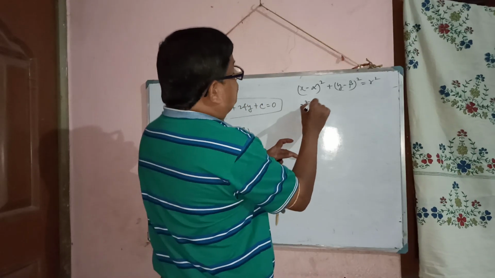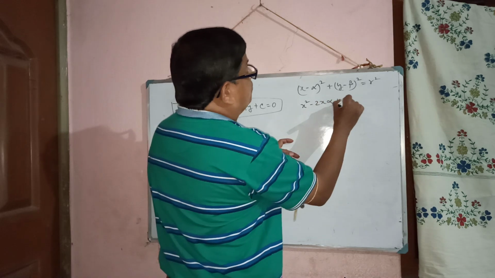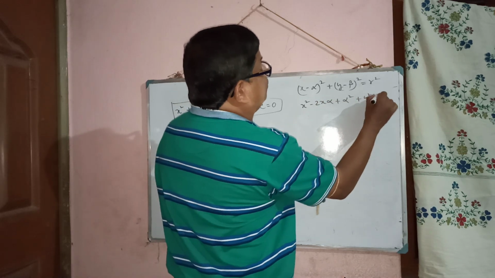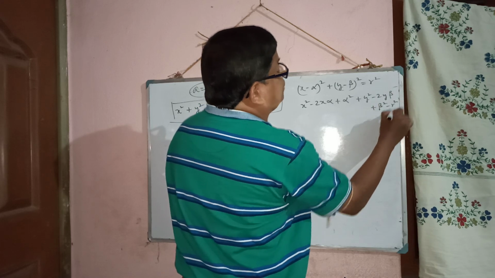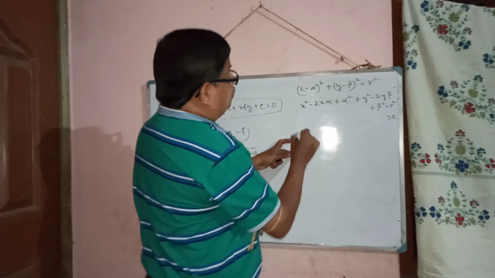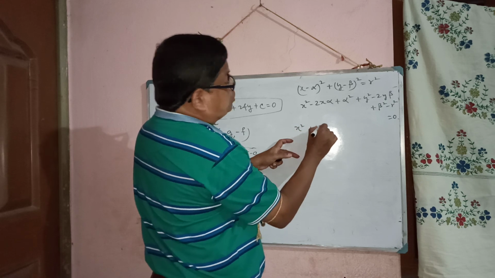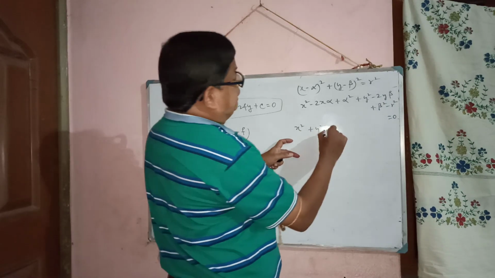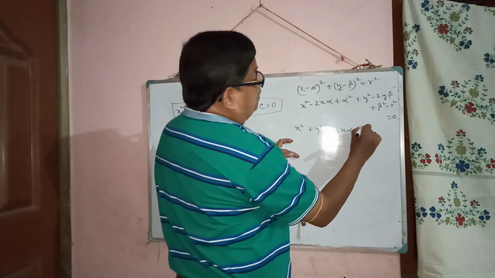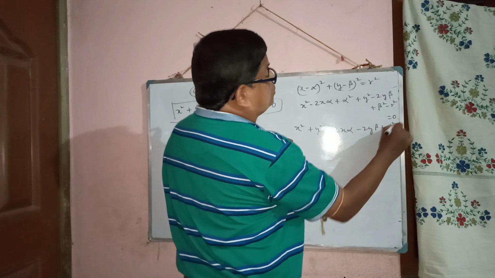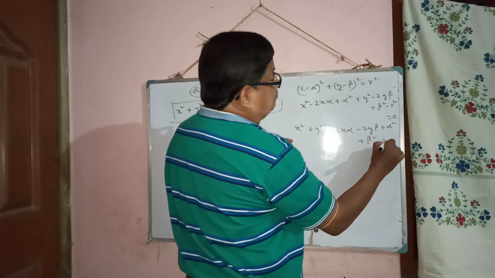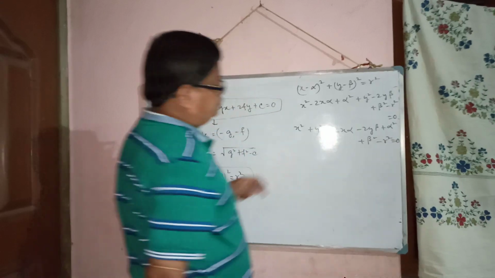Expanding: x square minus 2x alpha plus alpha square plus y square minus 2y beta plus beta square minus r square equal to 0. So x square plus y square minus 2x alpha minus 2y beta plus alpha square plus beta square minus r square equal to 0.